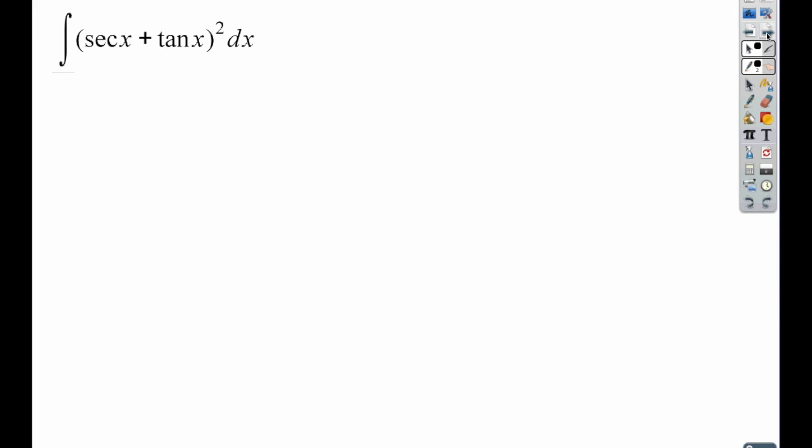You'll notice of all the identities that we're using, none of them are in the form of 2 different terms or more all squared. So you'll have to expand the brackets. So let's just do that quickly first of all. You'll have sec squared x plus 2 sec x tan x plus tan squared x dx.